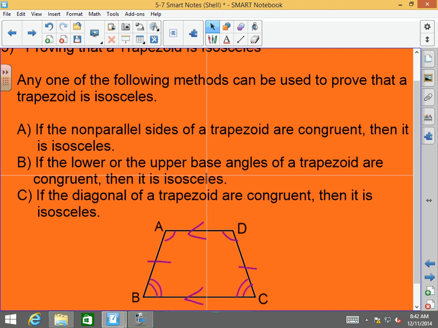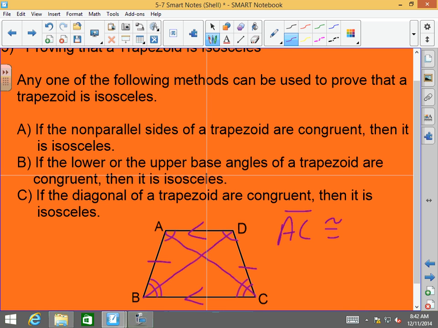Or if I tell you the diagonals of a trapezoid are congruent, then it is isosceles. So similar to a rectangle, the diagonals of an isosceles trapezoid are congruent. So AC would be congruent to DB.